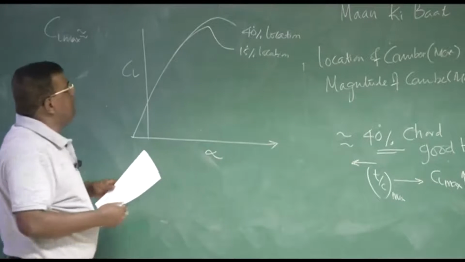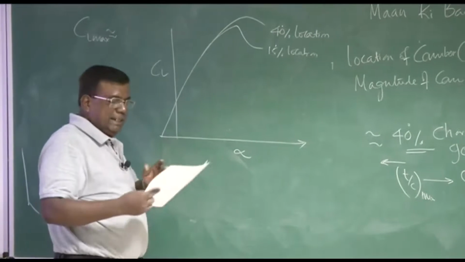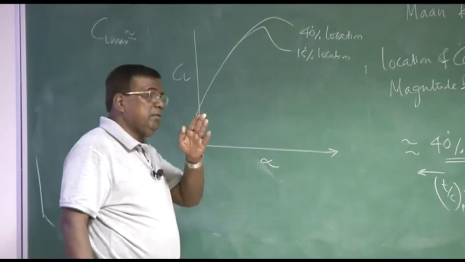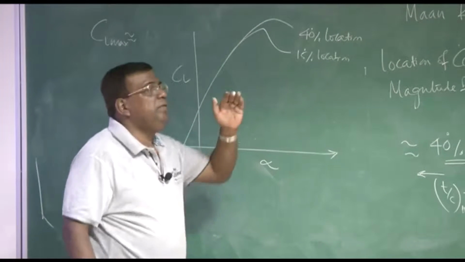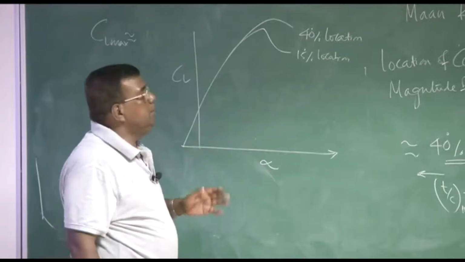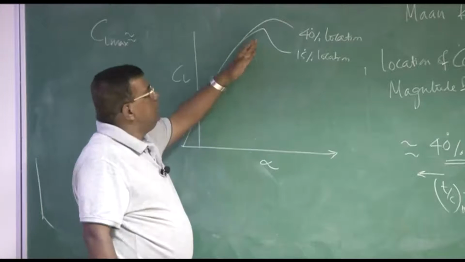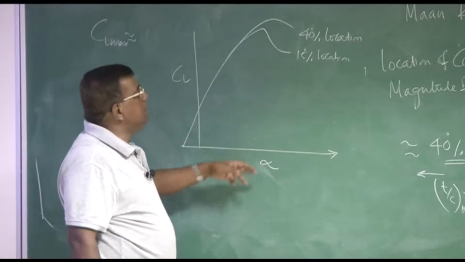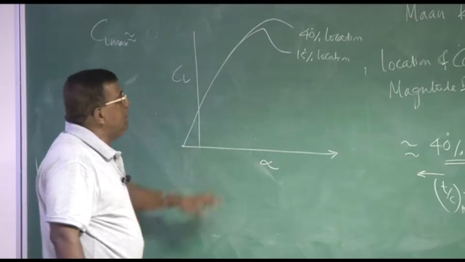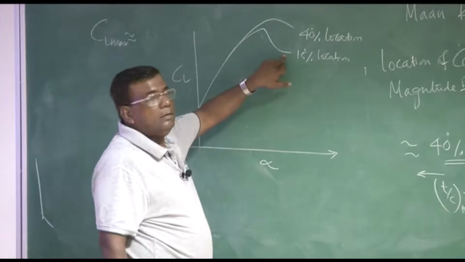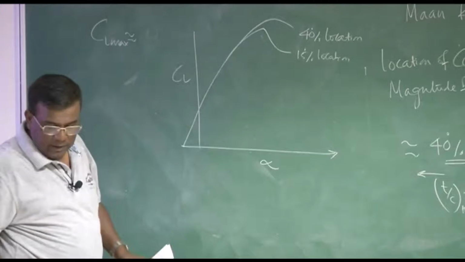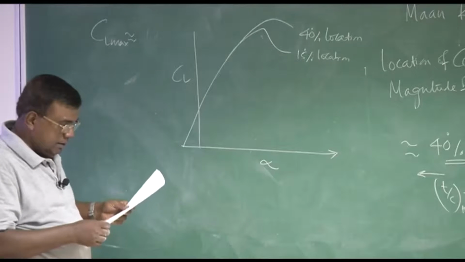You can easily see that this test data follows the logic. If t/c maximum is forward, the flow will accelerate very fast, so naturally it will also stall very fast. You see the 15% location stalls much earlier, and it is abrupt also. This is important. Not like this, this is abrupt, which is not good as far as handling qualities are concerned.